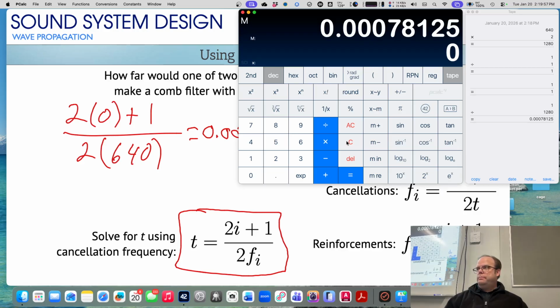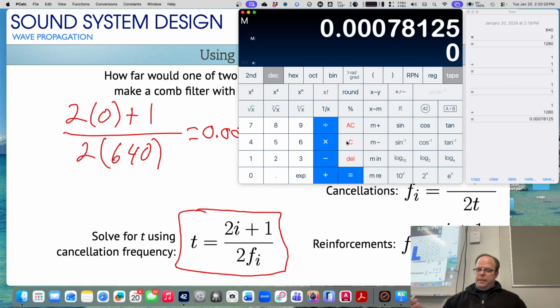Wait, that's in seconds, you're right. So the first thing we want to do is convert that to milliseconds.